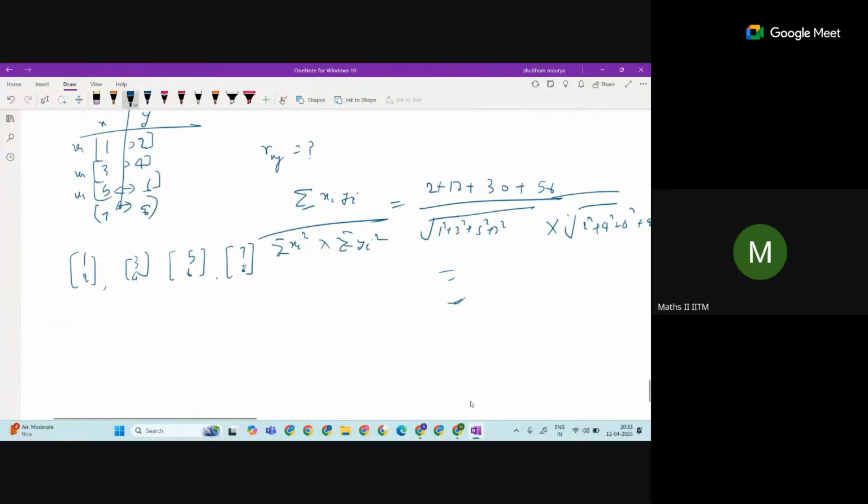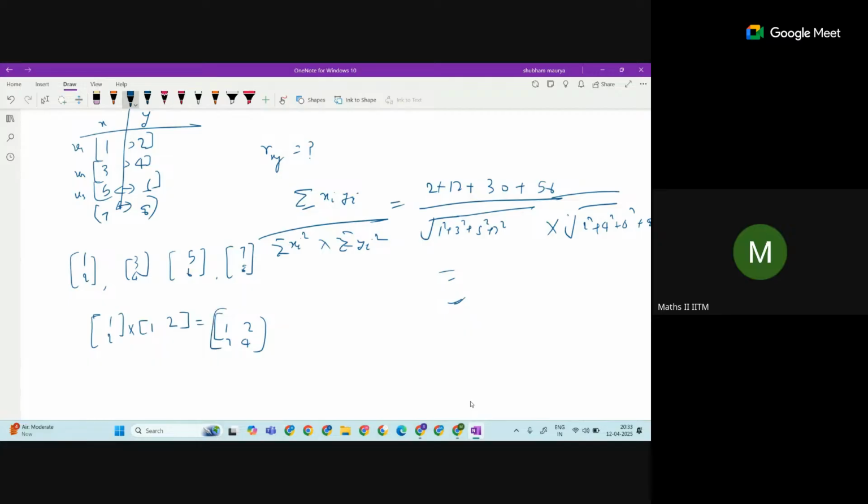So how is the correlation matrix formed? Writing it like this: 1 2, and the second one multiplied with the same. This matrix multiplied with the same, you will get one matrix which is 1 2 2 4.